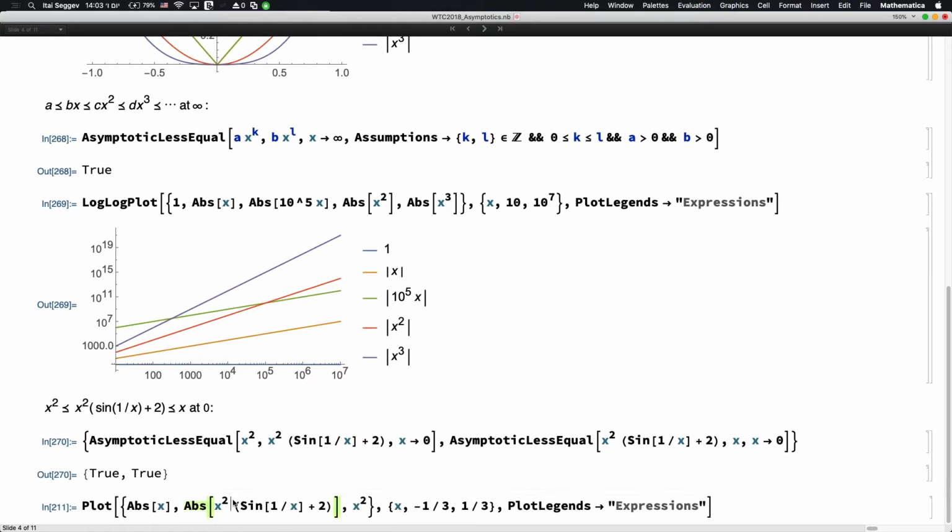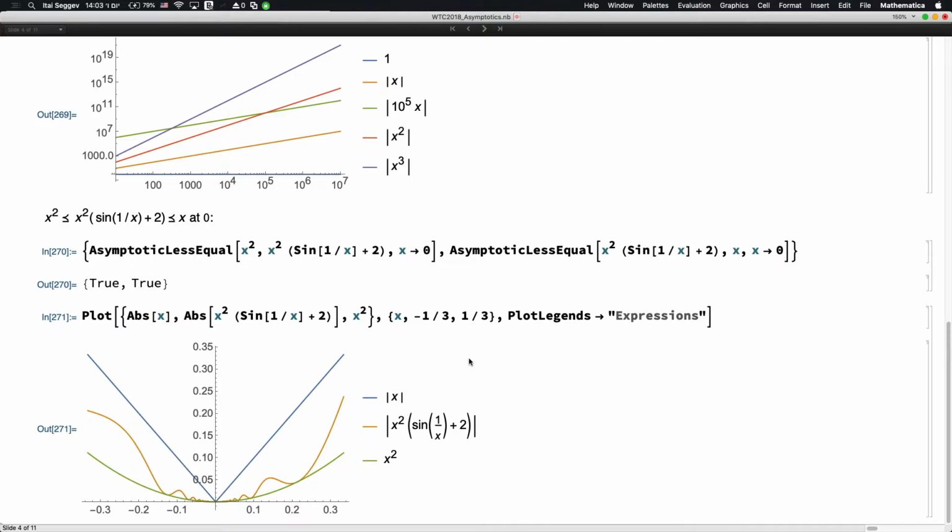And if we look at some plots, yes, x to the k goes to 0 faster. The order is reversed at infinity, because as you go up, you blow up faster.